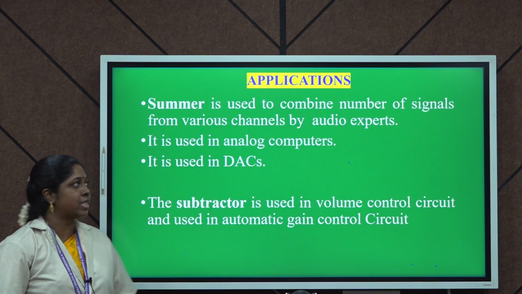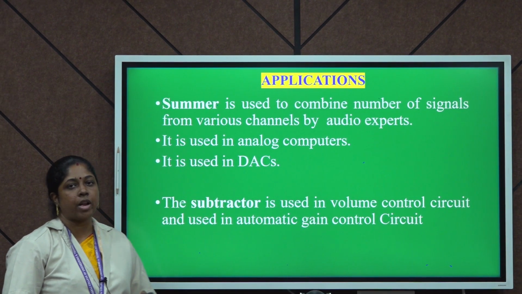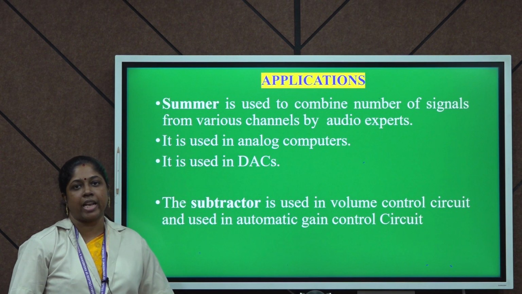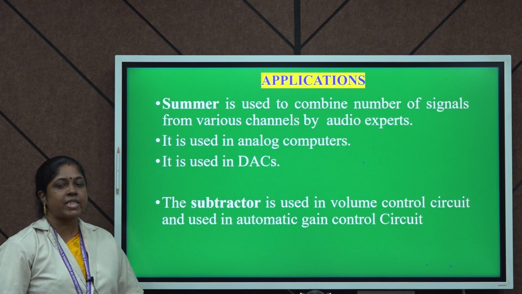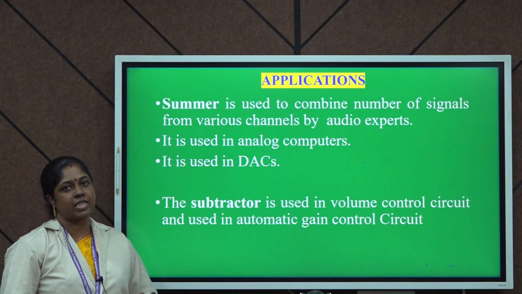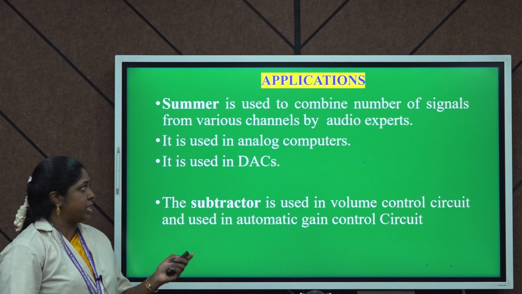Applications of summer and subtractor. The summer is used for combining a number of signals which are present in various channels. It is especially used for mixing two different musics in order to get a very pleasant music, so it is used by audio experts.